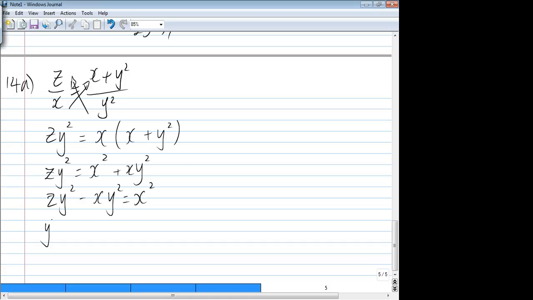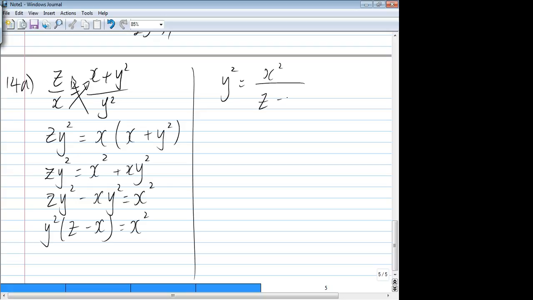So Y squared (Z minus X) equals X squared. Okay, what should I do next? Divide both sides by Z minus X. So Y squared is now equal to X squared over Z minus X.